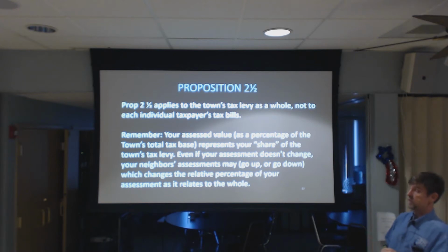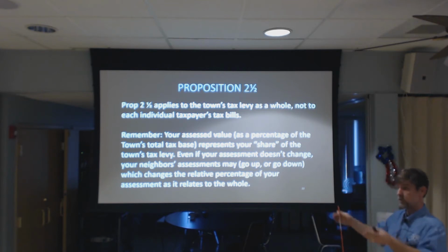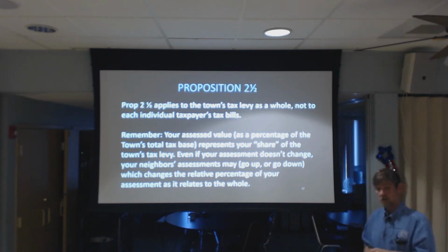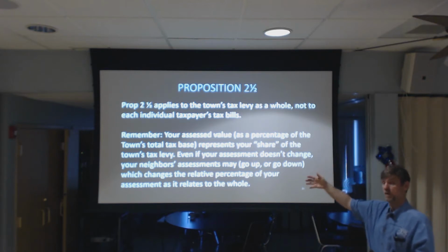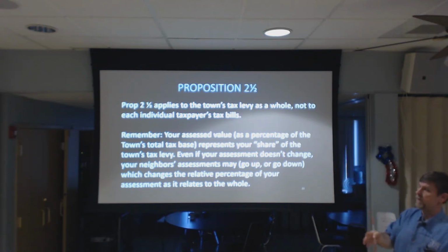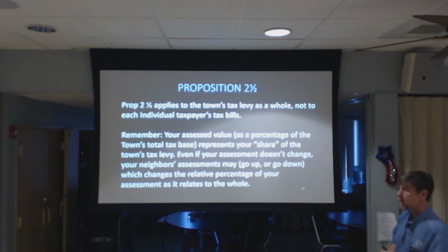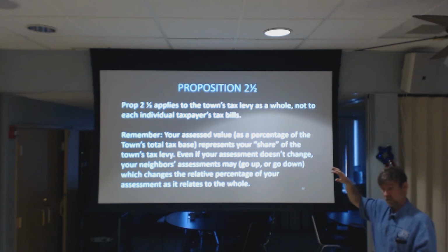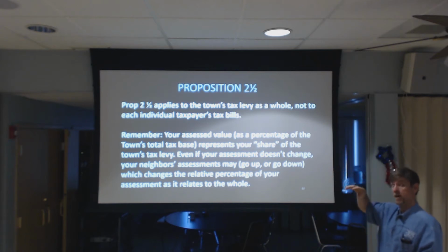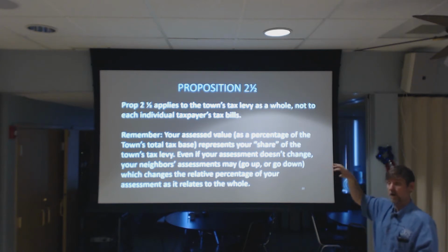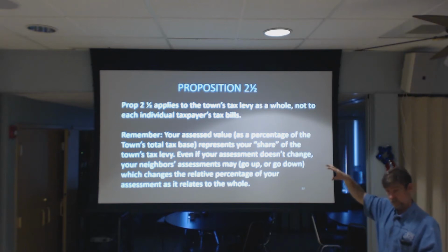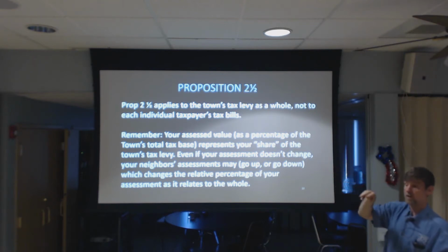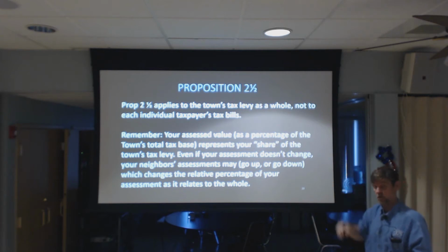Because let's say, for example, that you don't do anything to your house, but your neighbors do a lot of work and fix up their houses. Well, now their houses are worth more money, but your house is still valued about the same. So the tax levy can only go up 2.5%, but now their share of that increase is going to be more than yours, because their house is now worth more than yours.